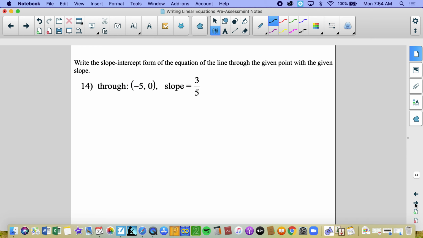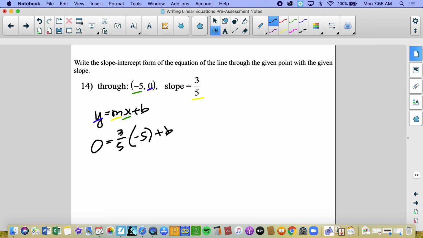So same thing, we take the template, y equals mx plus b. Let's fill in for y. My y is 0. My slope is 3/5. My x is -5.